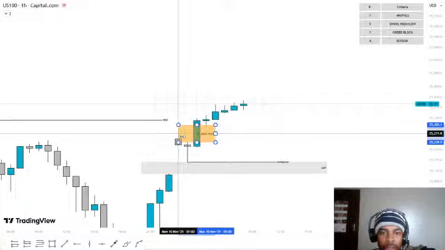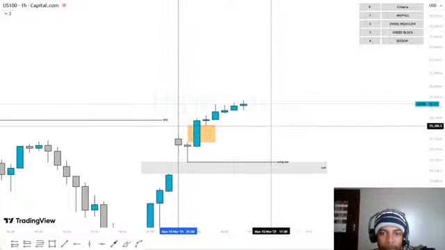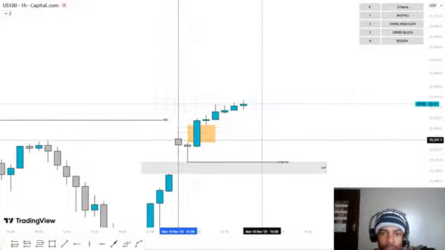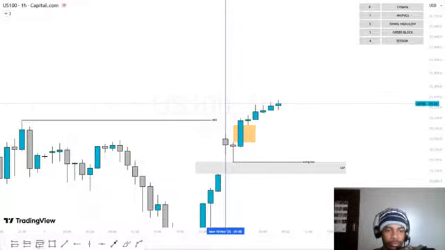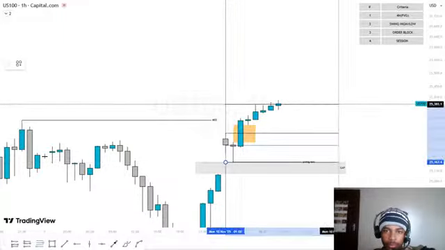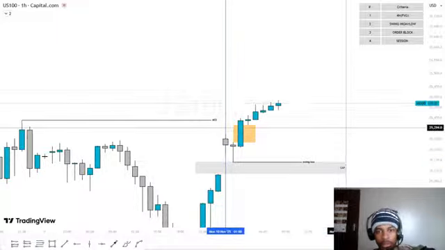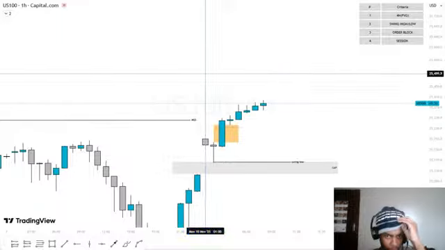But I'm expecting buys somewhere in this zone, especially on the fair value gap. You understand?